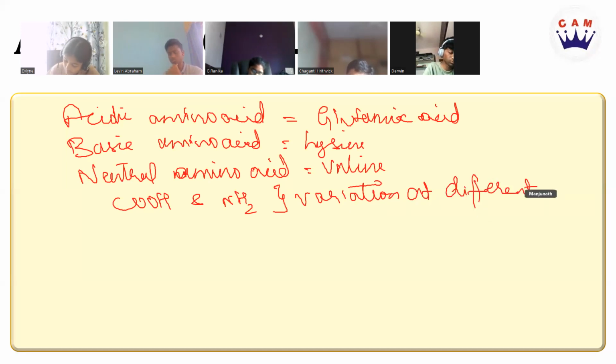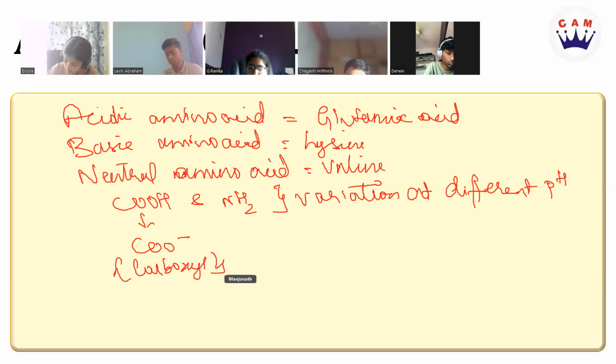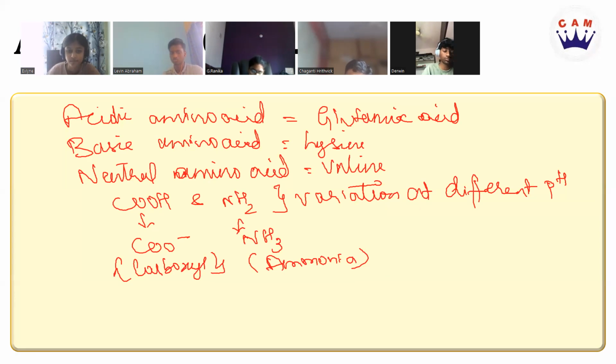It may change into carboxyl, and the amine group can change into ammonia, or even ammonium, NH4 plus. So based on this, we have 20 different amino acids. Some of these are mentioned as acidic, basic, and neutral. Hope it is clear for you.